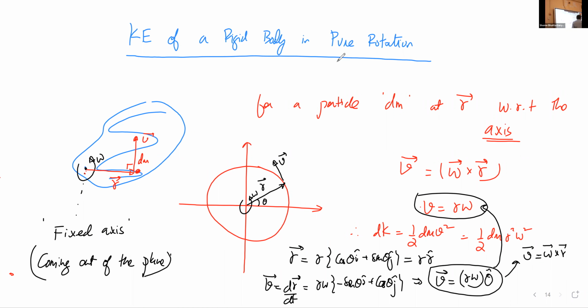Now coming back to the total kinetic energy of the rigid body.